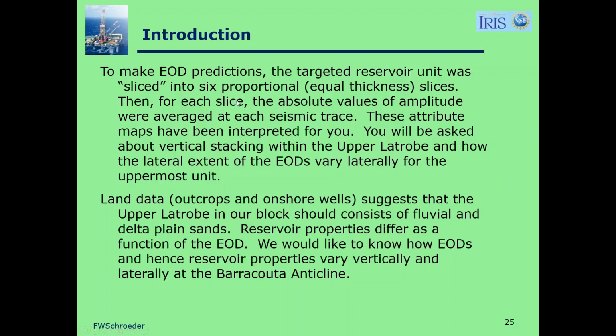We'll look at each of the slabs and we'll look at an attribute that's the absolute value of the amplitude. And then we'll see what sort of aerial distribution this seismic attribute has. From our land data, our outcrops and our wells, we're expecting that our blocks should have fluvial and delta plain sands. It may get into delta front sands.